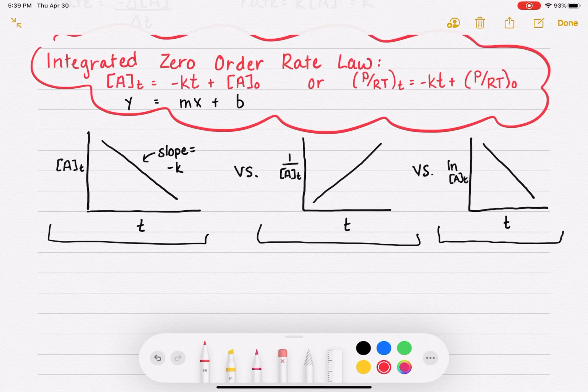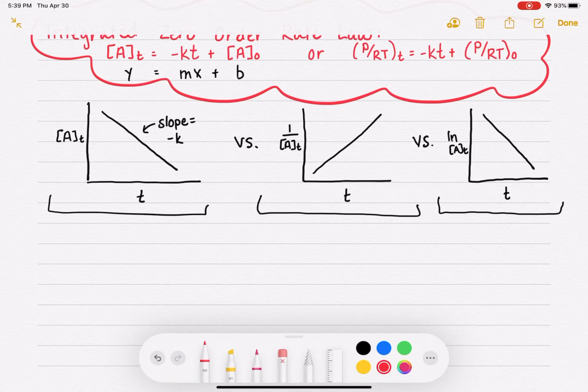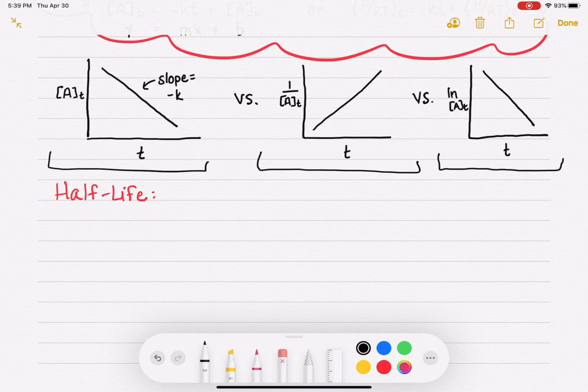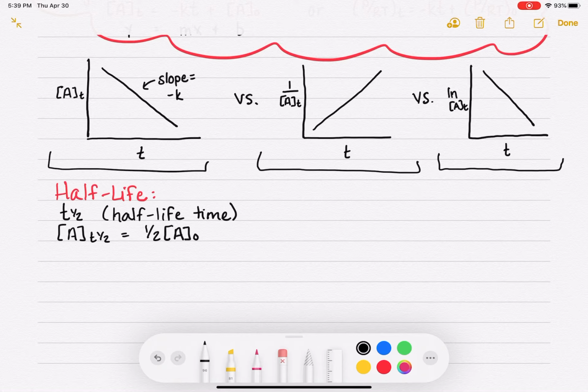So let's come up with our half-life for a zero order reaction. And as a reminder, when we're defining the half-life, we are going to be talking about t 1/2, so that's the time of the half-life. And we are also going to say that the concentration at that time, t 1/2, is 1/2 of the original concentration, because that's the definition of the half-life.